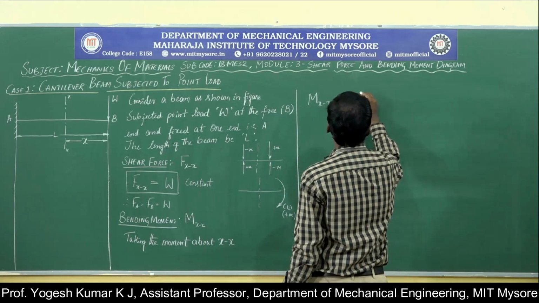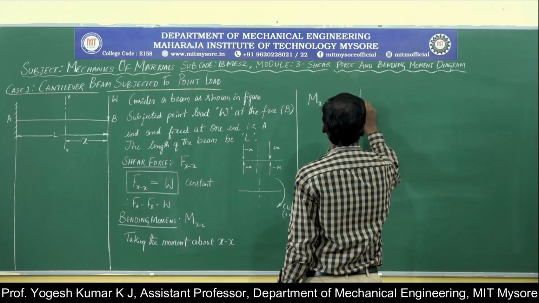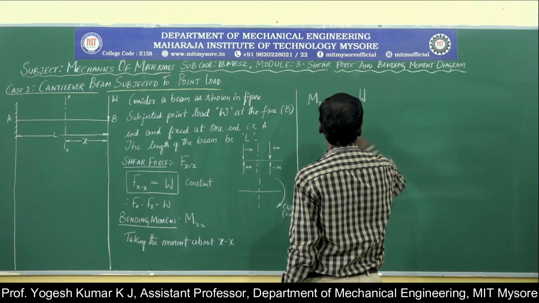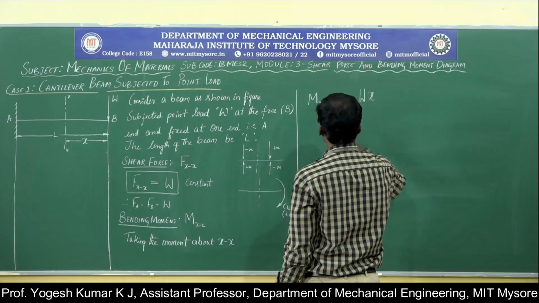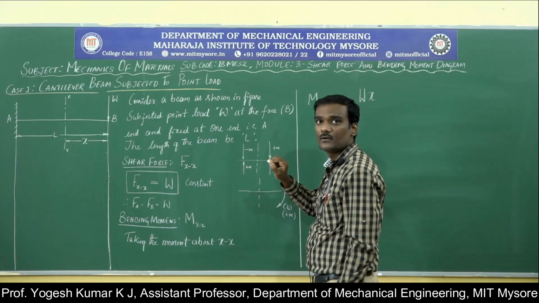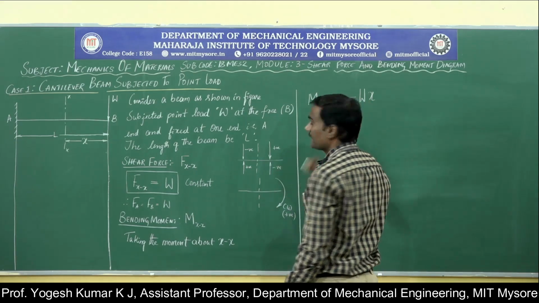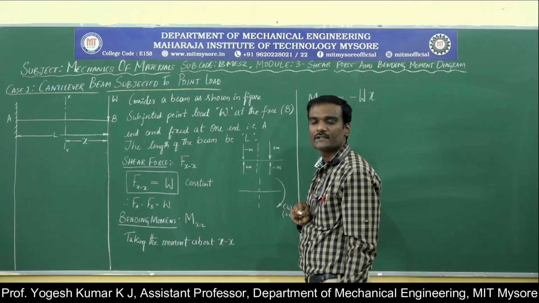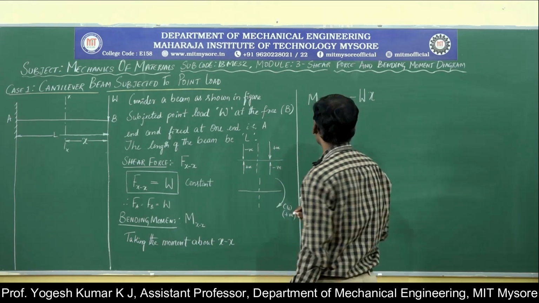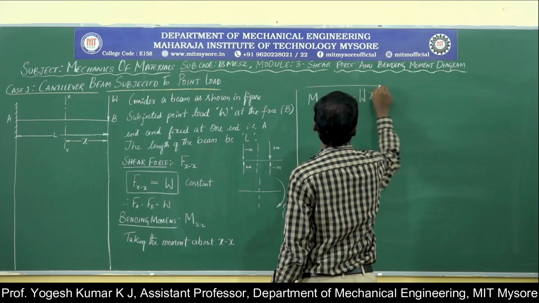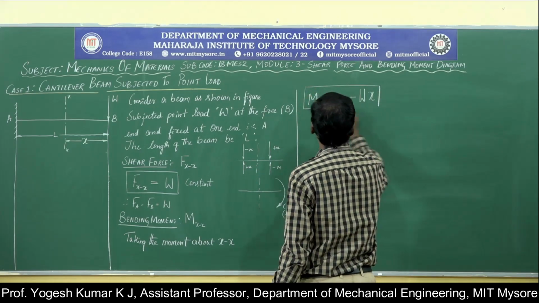So what is moment? Force into perpendicular distance. W is the force. Perpendicular distance till the section XX is x, and its value is negative. Why is it negative? Because it produces what kind of an effect? Hogging effect. Now observe this value.